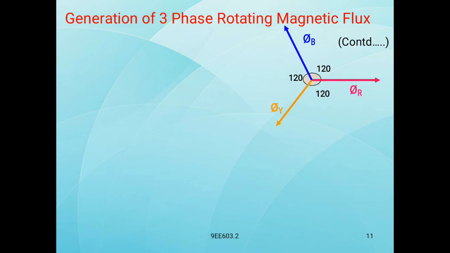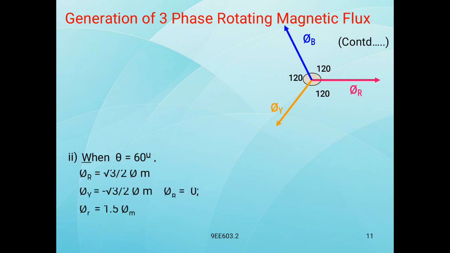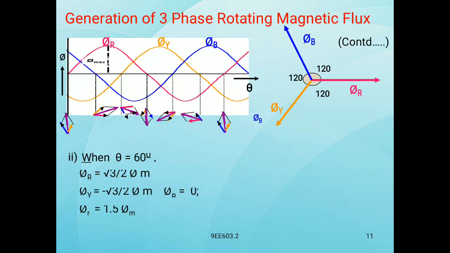So now at θ equal to 60 degrees, φr is √3/2 φm, φy is minus √3/2 φm, and φb is 0.